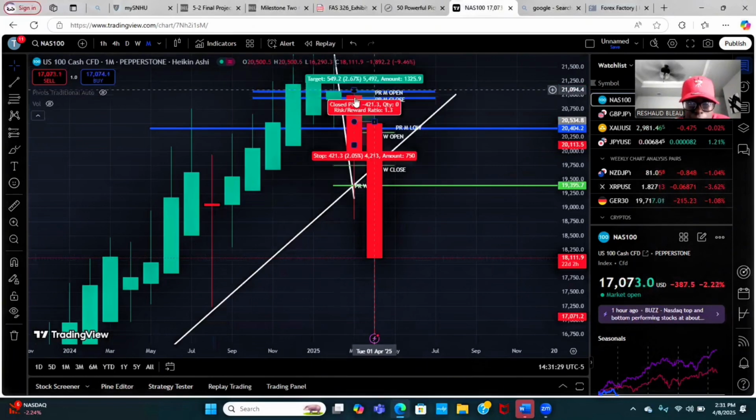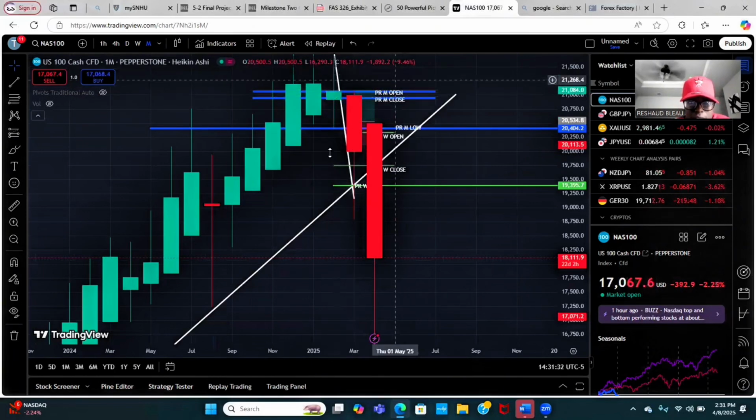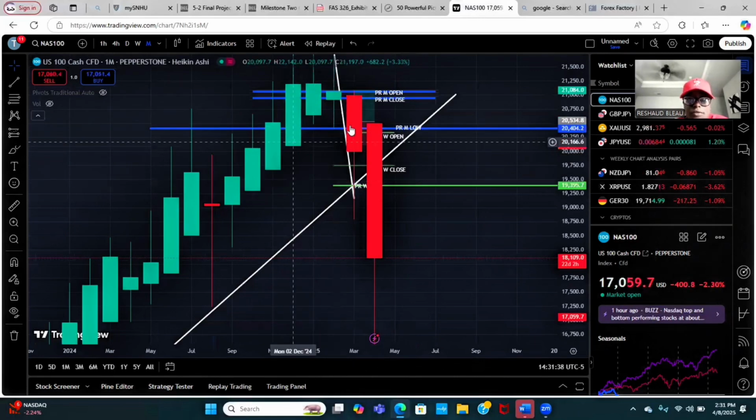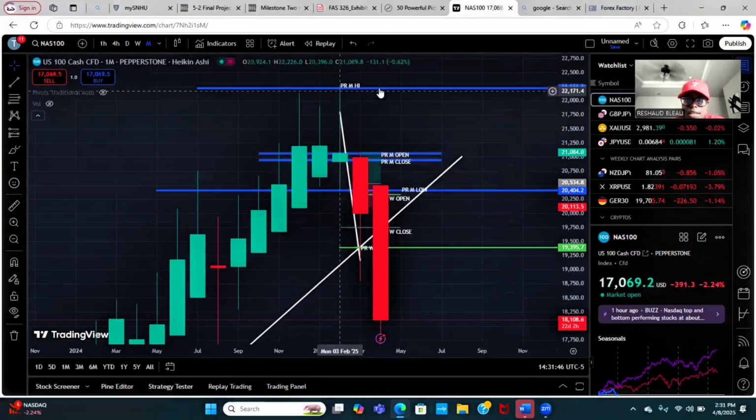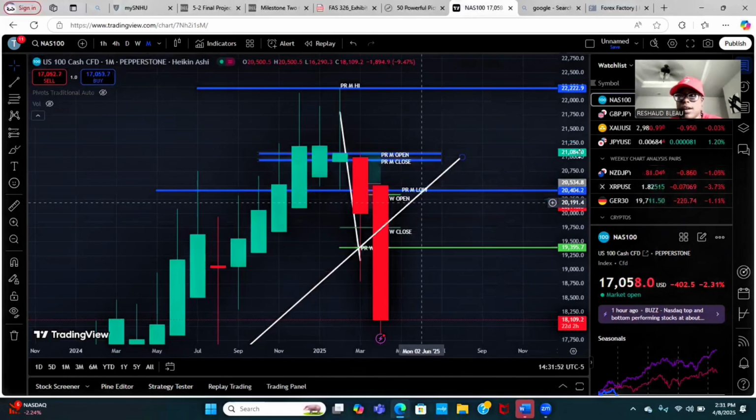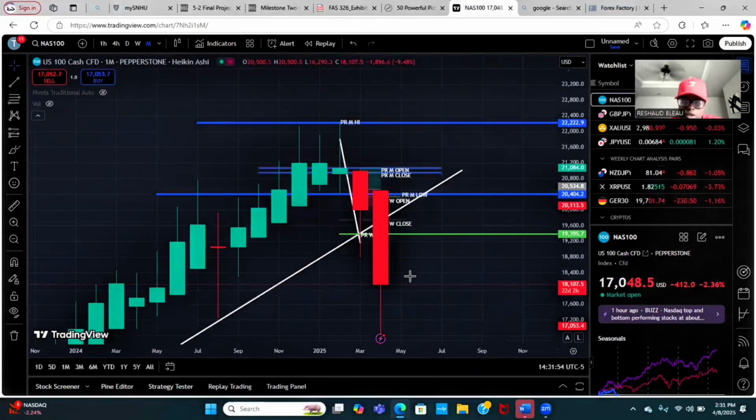And previous monthly open, previous monthly close, previous monthly high, previous monthly low. And then we wanted to see if price traveled back down to this trend line. If price did not break that previous monthly low, came back up to where the previous monthly close and the previous monthly opening was, and went up here to break the previous monthly high, then we'd be looking for a buy. But price broke below the previous monthly low, came to this valid trend line, and did what? It broke the trend line.